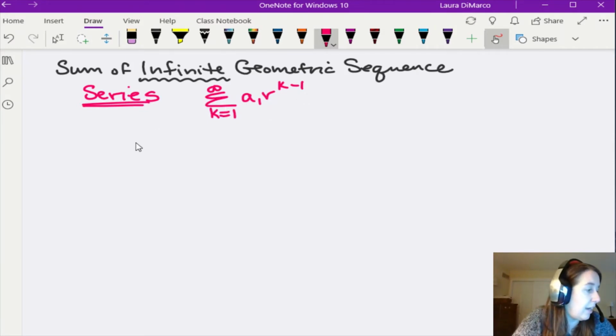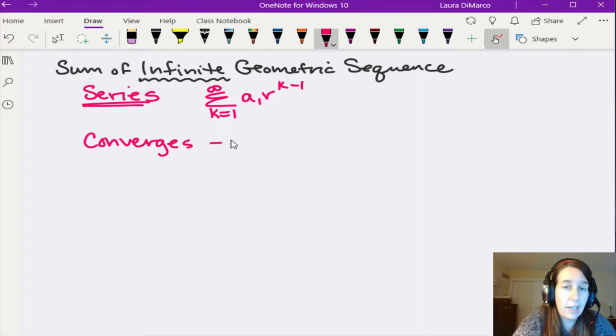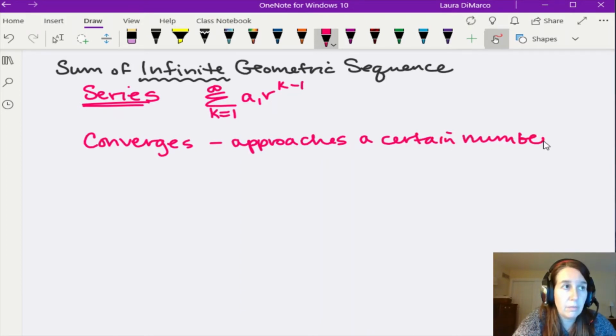Okay, now if the series converges, that means that it approaches a certain number. That means that r, the r value, its absolute value is less than 1.